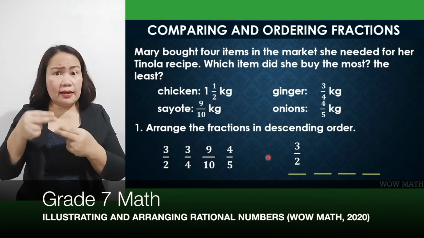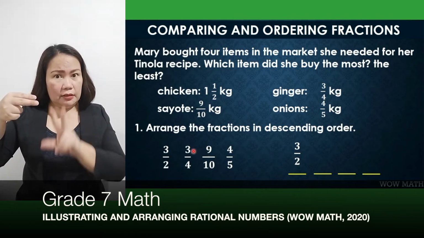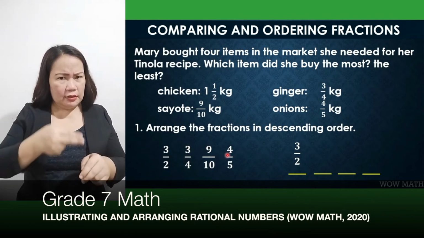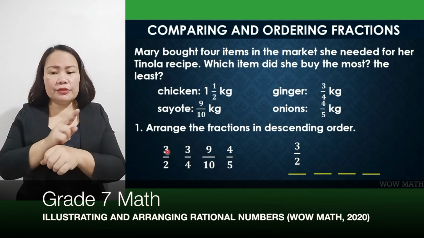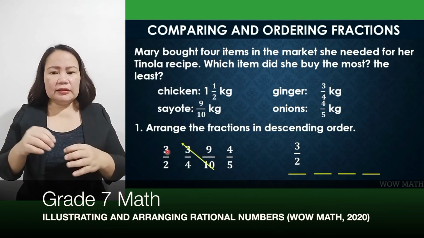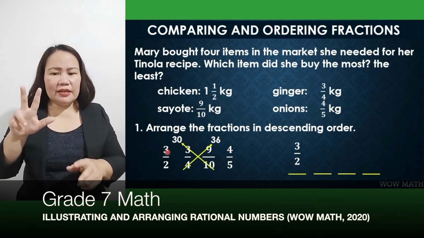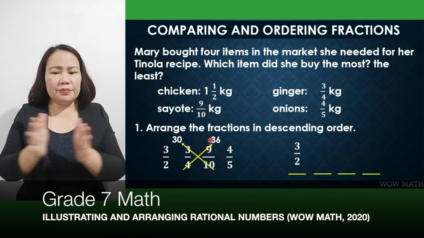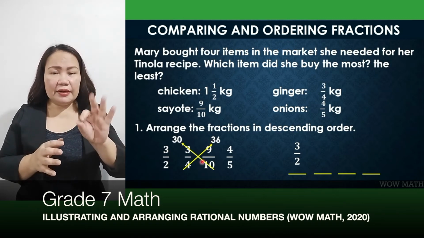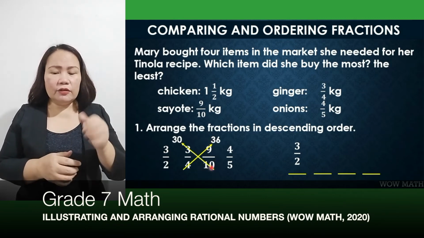Now, so what's next? Ano yung second highest natin? So I have here 3/4, 9/10, and 4/5. So what are you gonna do? Compare using the comparison property. So i-compare natin ito. This is 30. This is 36. So which one is bigger? 36. So therefore, mas mataas si 9/10.